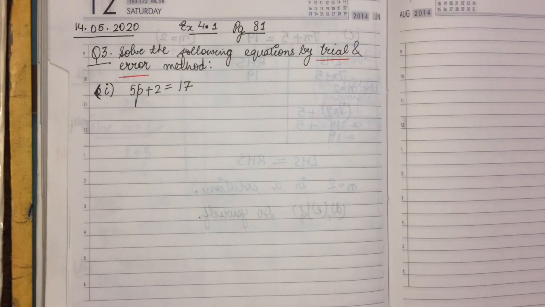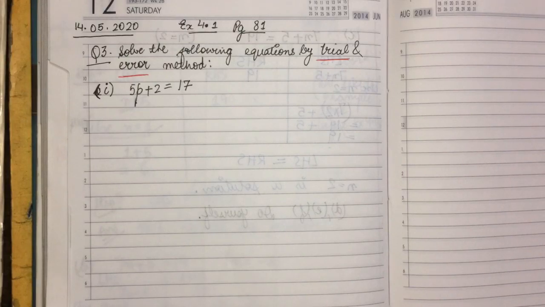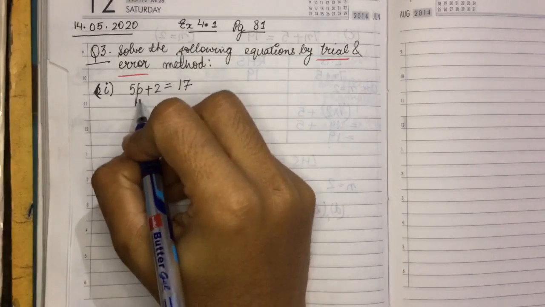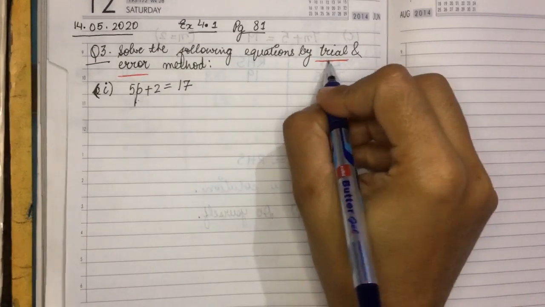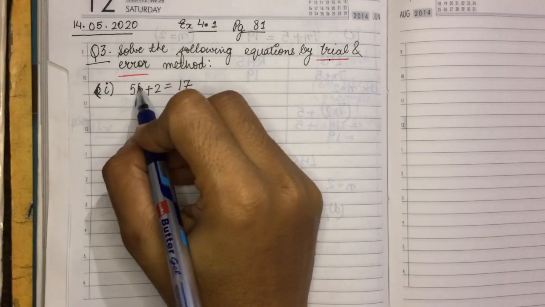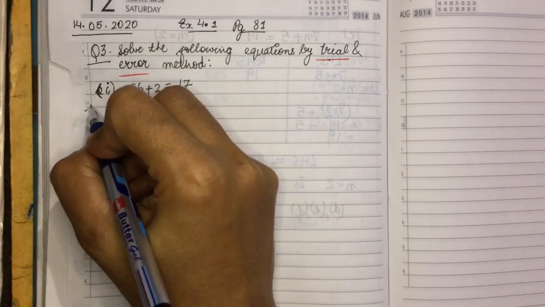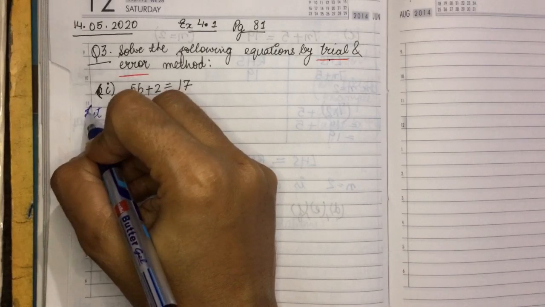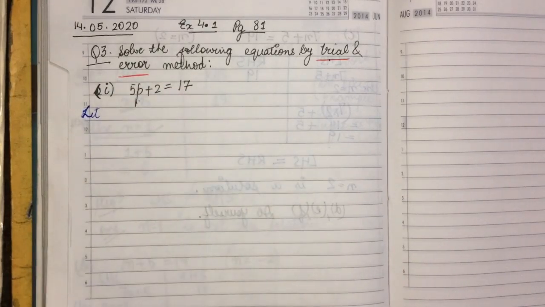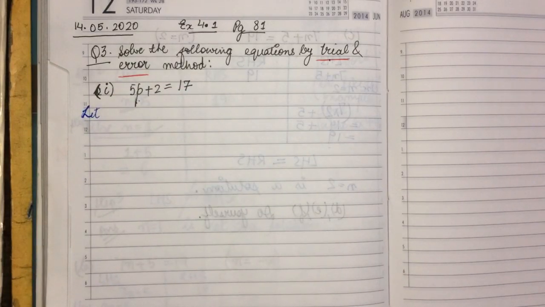I'll show you one part of how to do it. To solve this equation, I have to find out the value of p, and I'm going to use the trial and error method. So I'm going to assume the answer. It's like guessing. I'm going to guess what could be the answer of p.